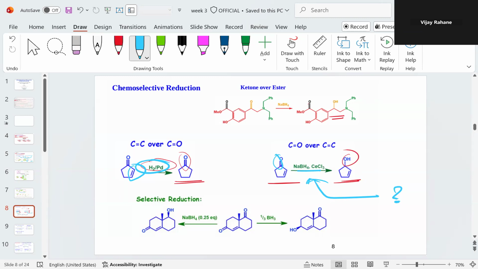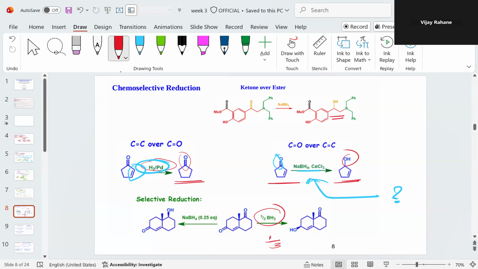Then if you have another starting material which has a ketone and an alpha beta unsaturated carbonyl group, these are two different conditions. If you use BH3 in 1 by 3 equivalent of the starting material, then what happens?